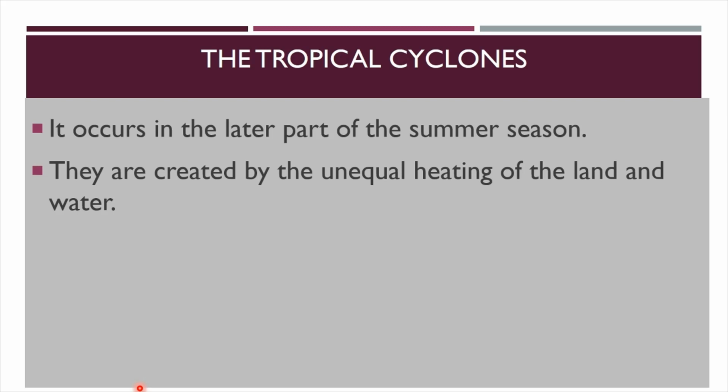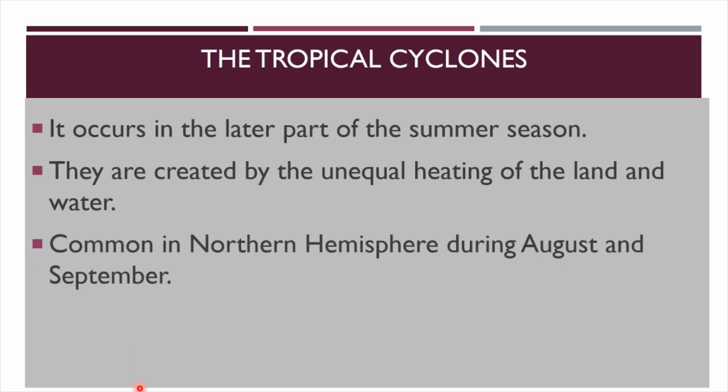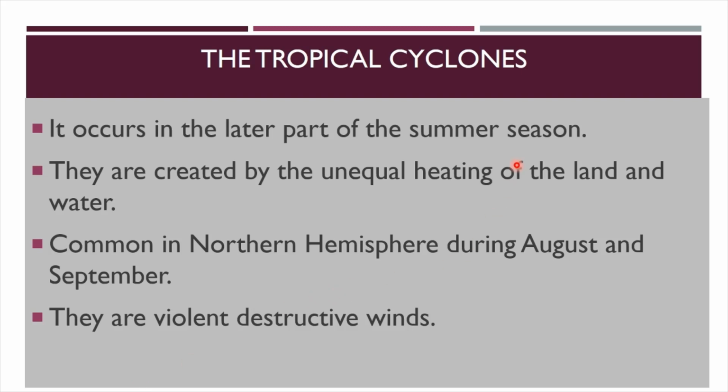Tropical cyclone: the tropical area has high pressure areas, and it is in the summer season, the late summer part, and it is common in the northern hemisphere during August and September. It has violent and destructive winds. Okay, the tropical cyclones, what are the characteristics? You can say that it occurs in the later part of the summer season.